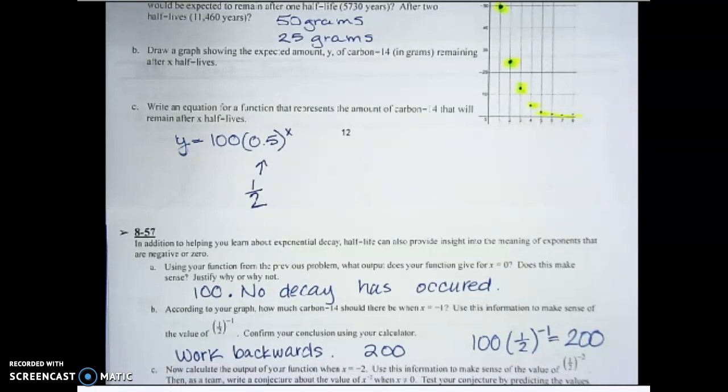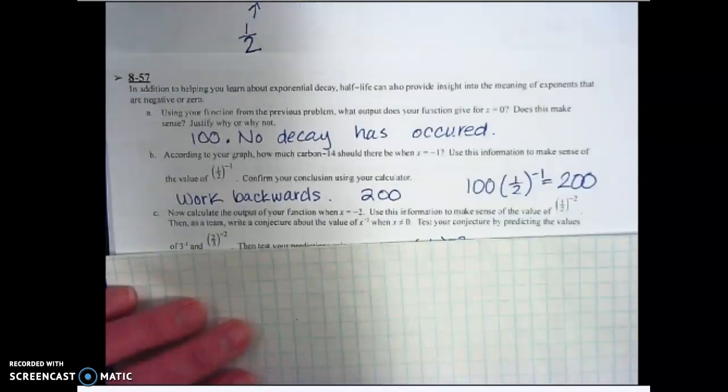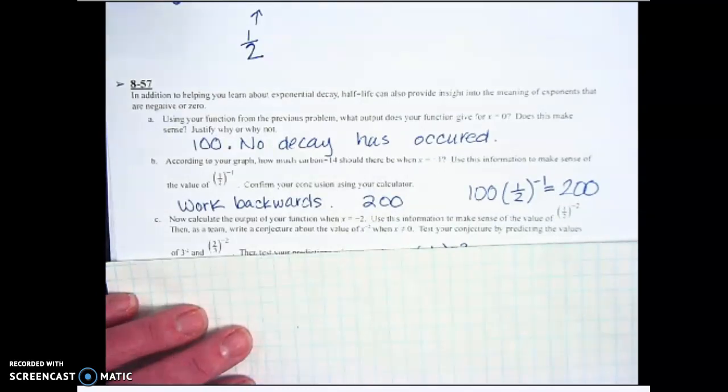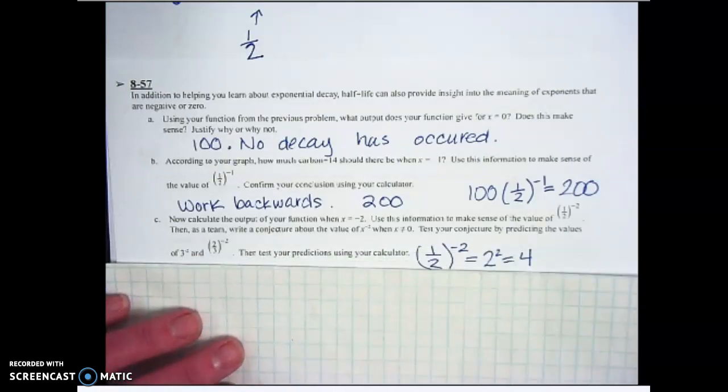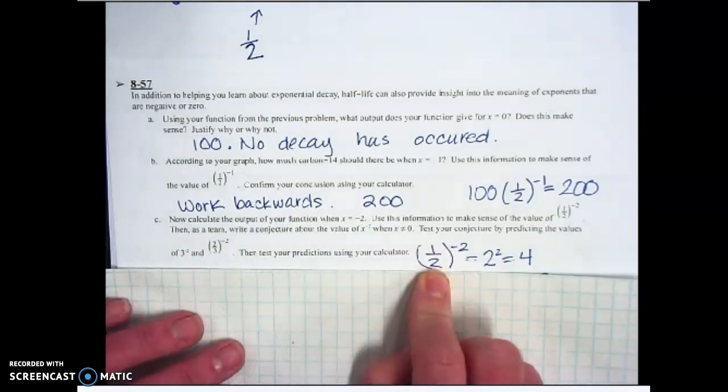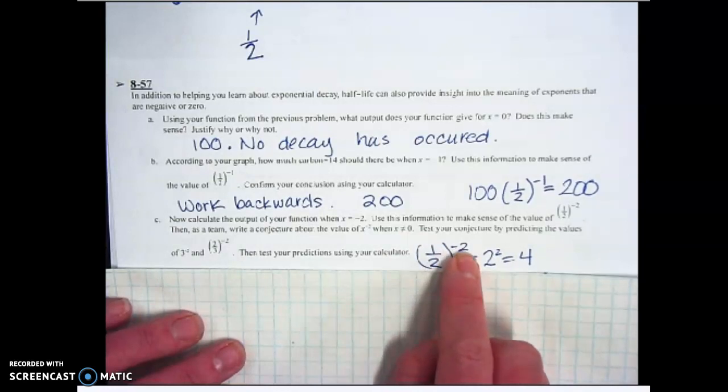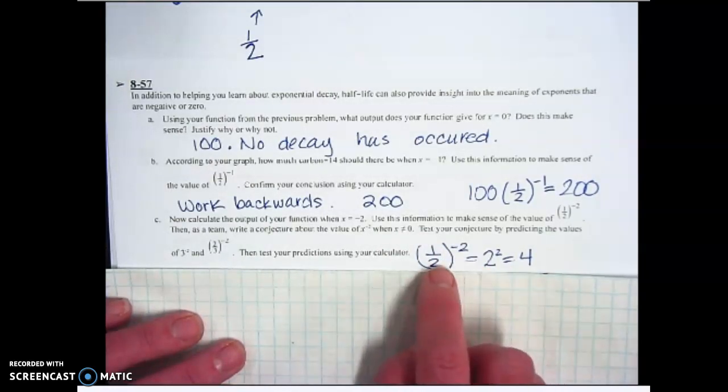All right. So part C says, now calculate the output of your function when x equals -2. Use this information to make sense of the value 1/2 to the -2 power. Write a conjecture. Okay, so here's what it is. If you have 1/2 to the -2 power, you're going to do something with this fraction. Who knows what it's called?